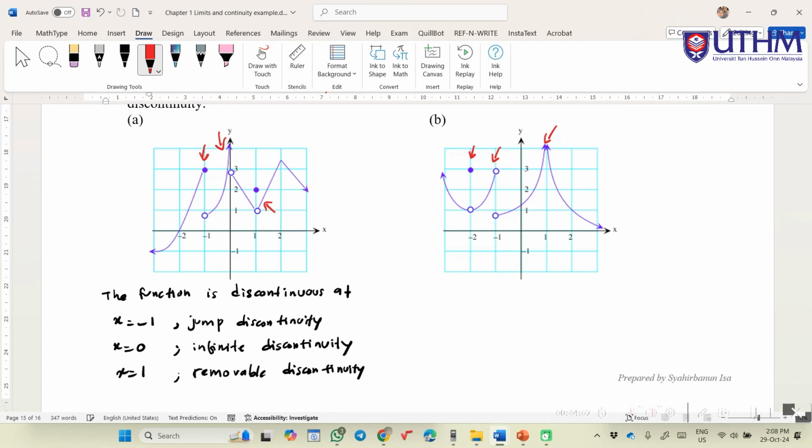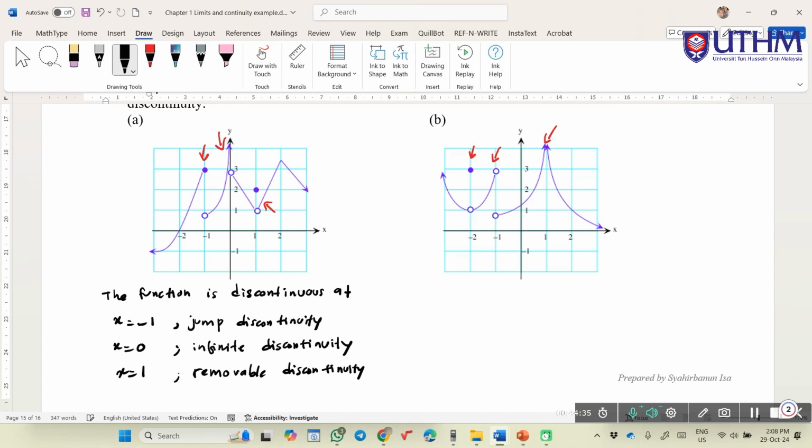As for the ends of the graph, we do not consider them because we want to check in between the interval in the graph.